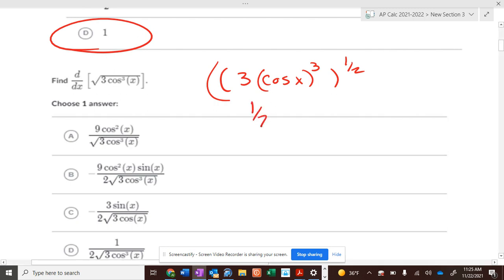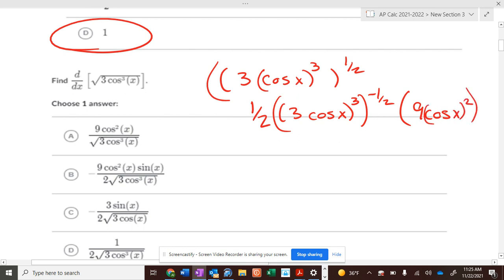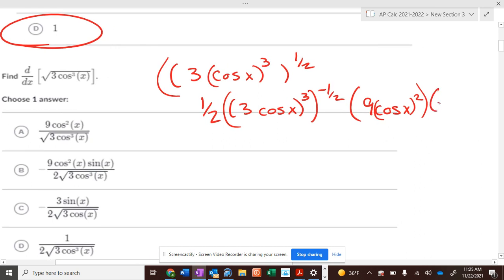So this is 1/2 times 3 cosine of x cubed to the negative 1/2, the 1/2 out in front, times the first derivative of the inside, which is 9 cosine of x squared, times the first derivative of the inside of that, which is negative sine of x. The chain rule, actually, on that one.